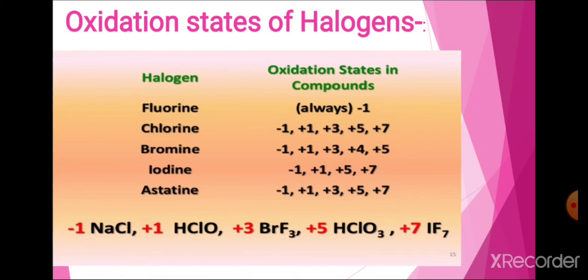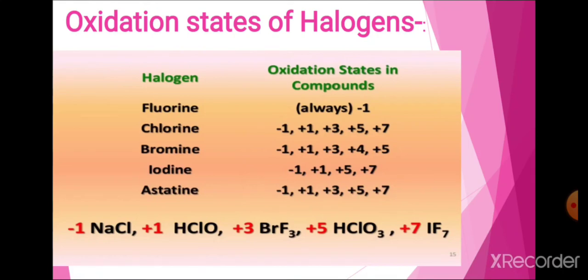The oxidation states +4 and +6 occur in oxides and oxoacids of chlorine and bromine. Here some of the compounds of halogens are given below, showing the various oxidation states shown by the halogen family.